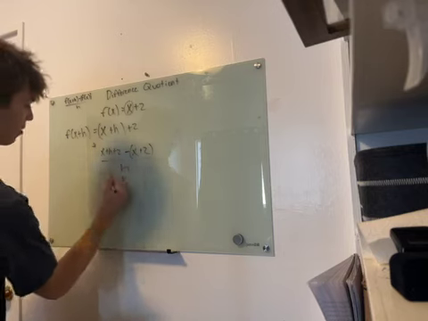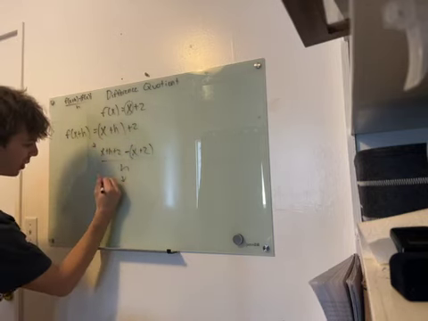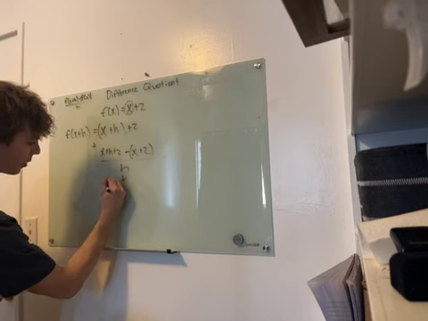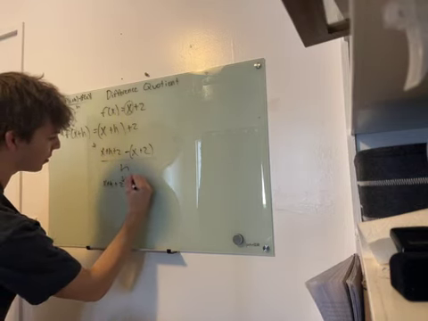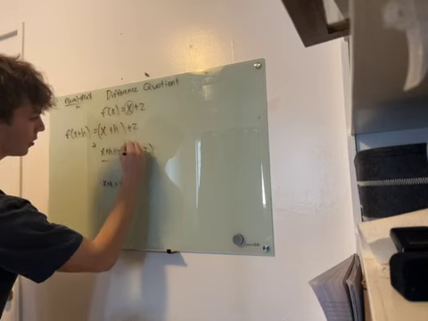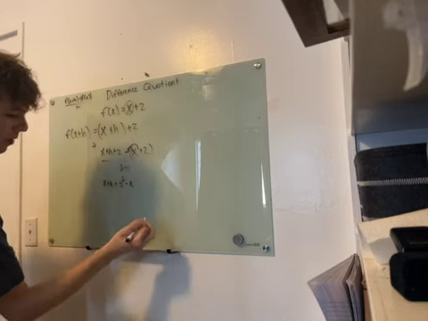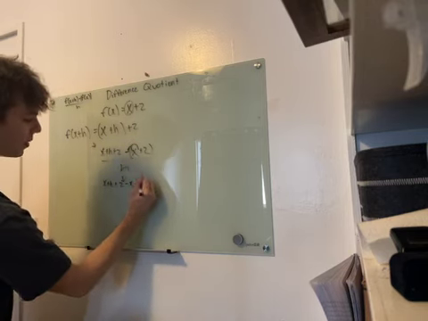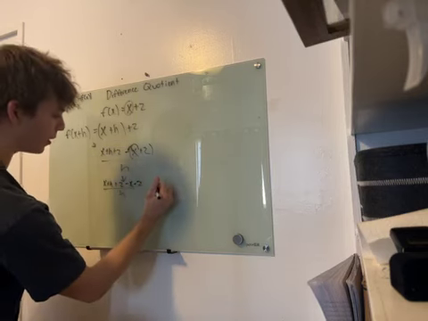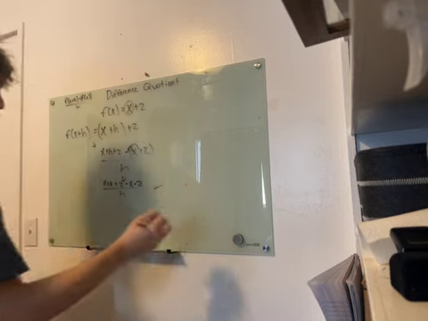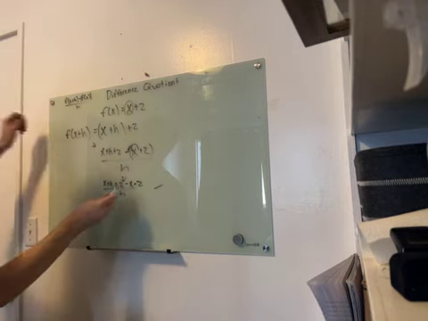Go one further down, we have x plus h plus 2 minus x, minus 2, all over h. Now our next step is to combine like terms.